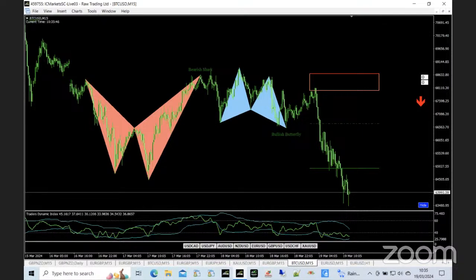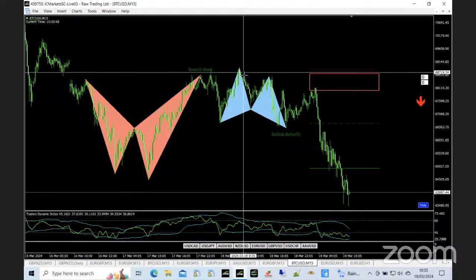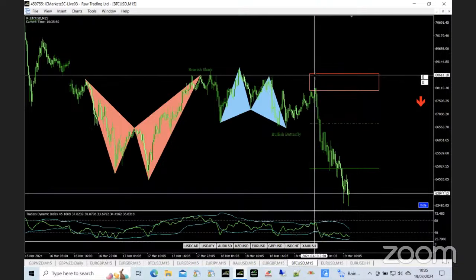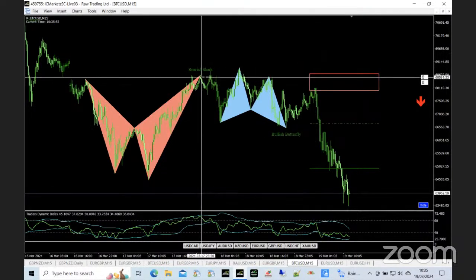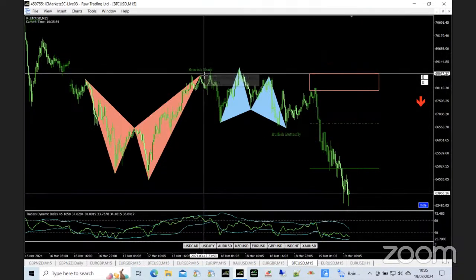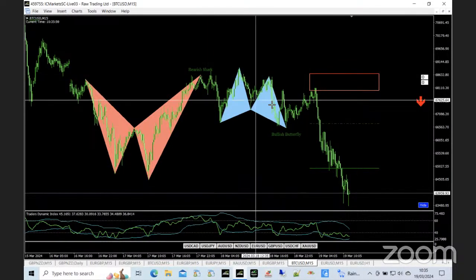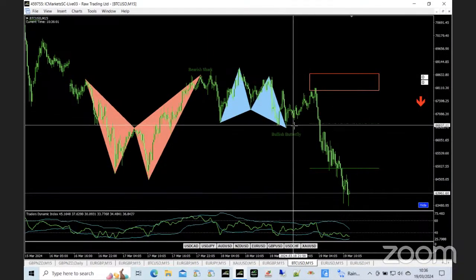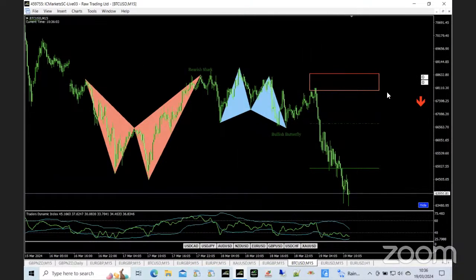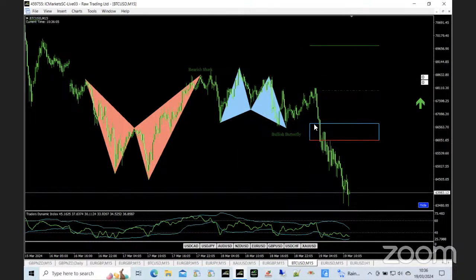So in this case, it happened here. We would only take this box as valid if it coincides with a reversal zone of the harmonic, which is in this area. So this is a reversal zone, and this is a reversal zone. So this would have been a valid box, and this would have been also a valid box.